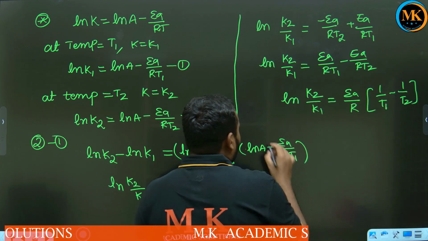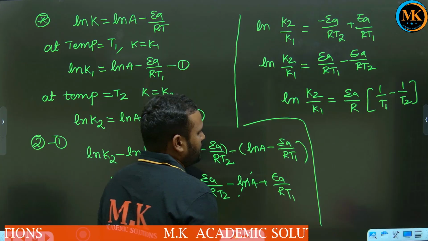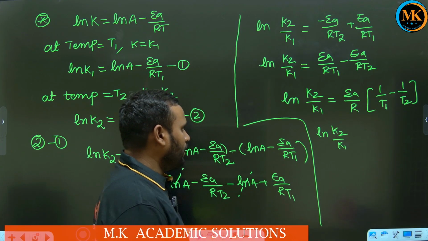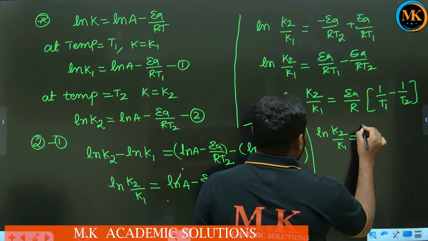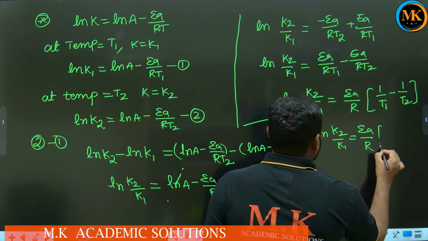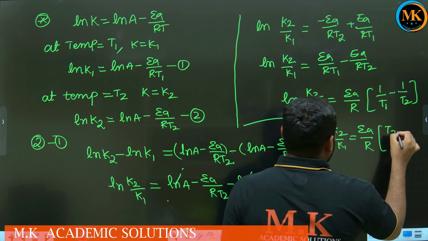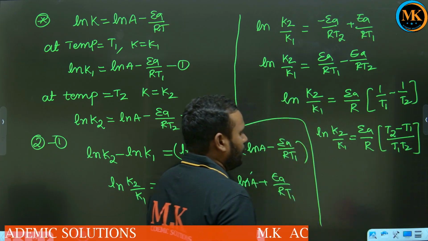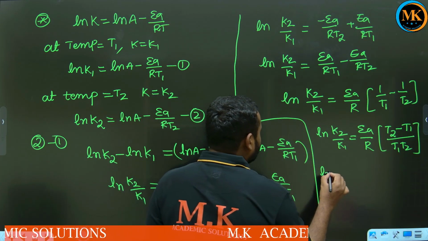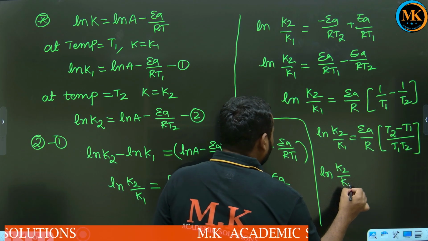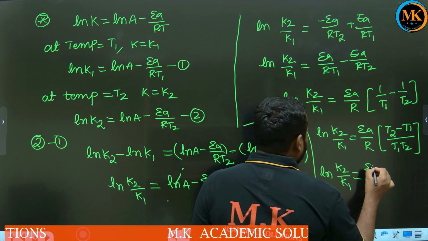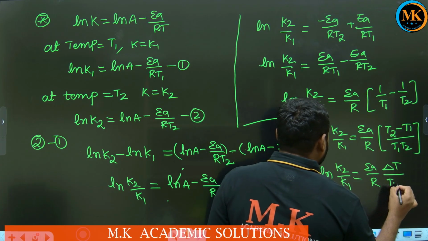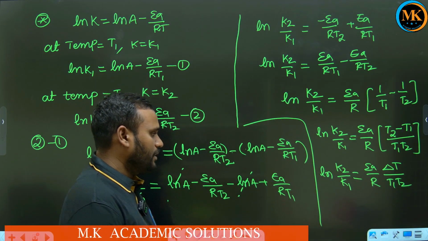Or else, take the LCM: T2 minus T1 by T1 T2. This equation we can write as ln K2 by K1 equals EA by R, delta T by T1 T2.